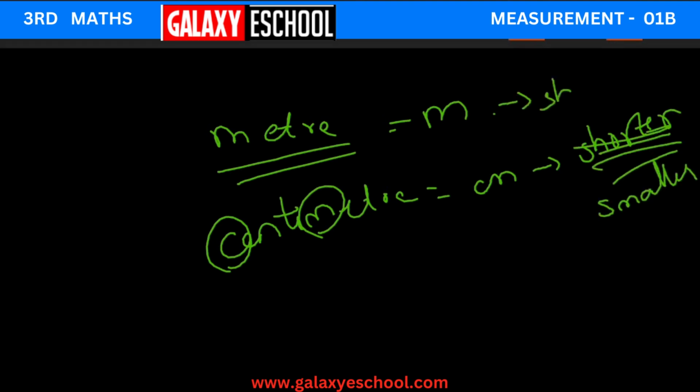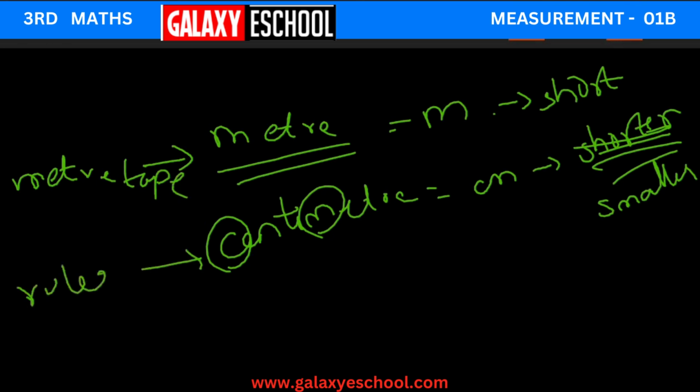Meter is used for measuring longer distances and centimeter is used for measuring smaller distances. And one measuring instrument for meter is the meter tape. And an example of measuring instrument for centimeter is a ruler or a scale.